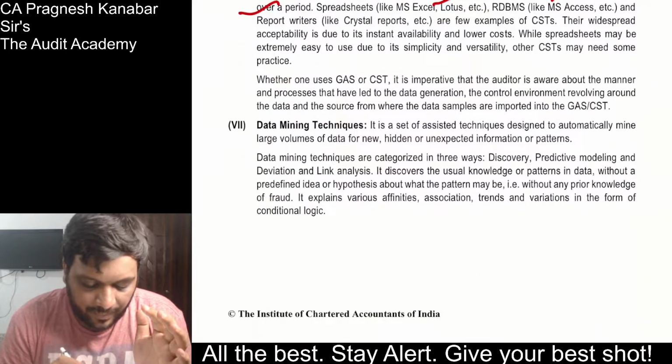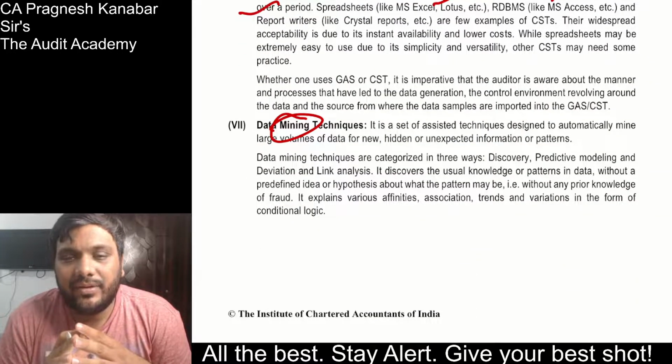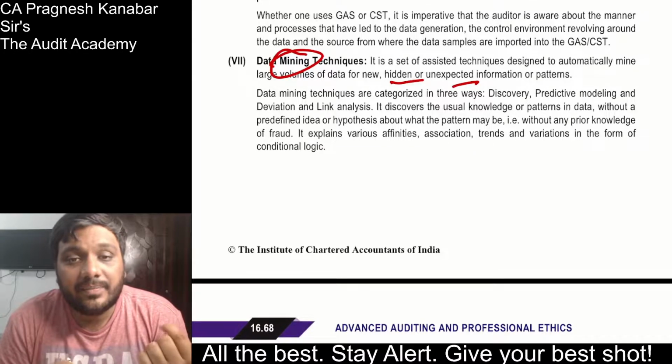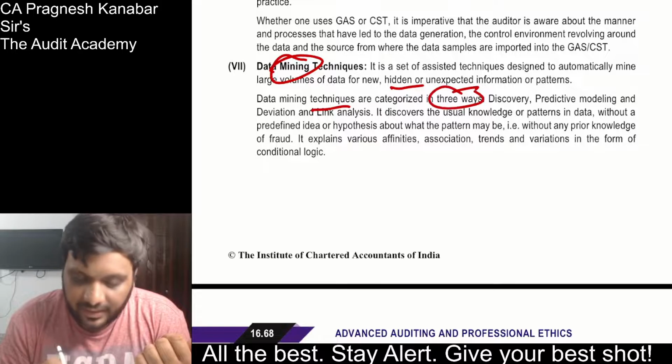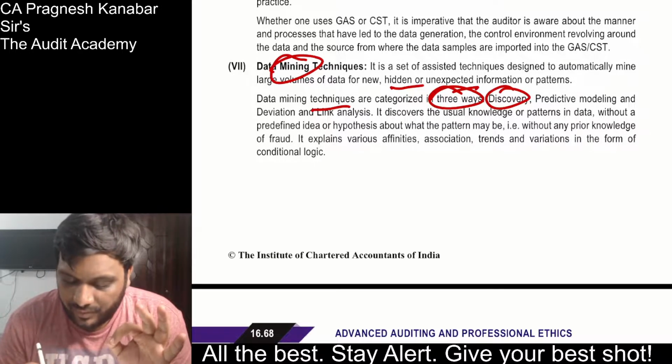Look at this: data mining techniques. What is data mining? Lakhs and lakhs of entries, large data: you analyze it and mine that data and come out with some meaningful information, some hidden, unexpected information or pattern. All right. So they are saying data mining techniques are categorized in three ways. Discovery. What is discovery? Finding out something new. Predictive modeling.